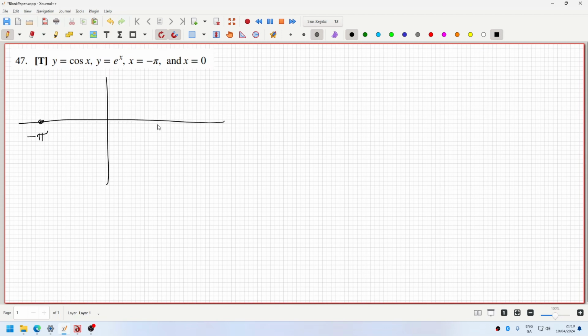Minus pi to 0. Cos x begins at 1 here, and then drops down to -1 here.